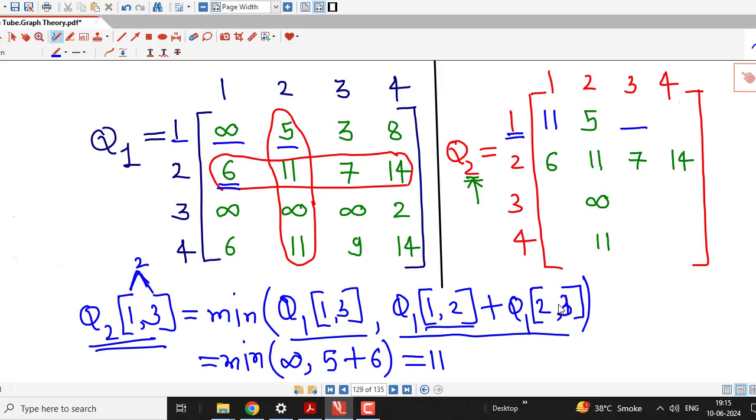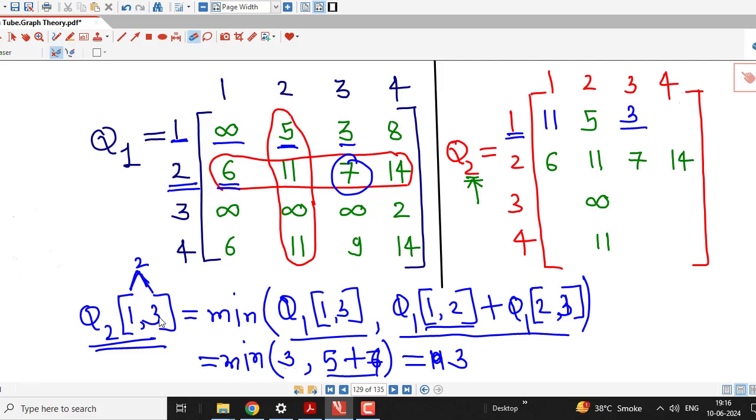So here I will write 2 to 3. Q1 of 1 3 is 3. Q1 of 1 2 is already written, it is 5, and q1 of 2 3 is 7. So this is going to be 12, and here we have 3, therefore this entry is 3.